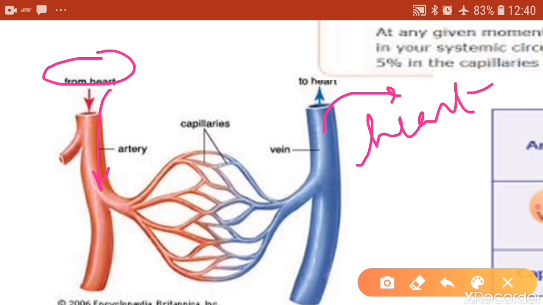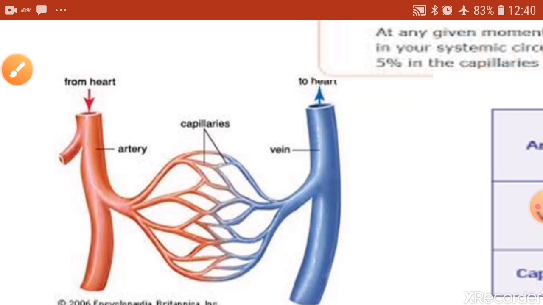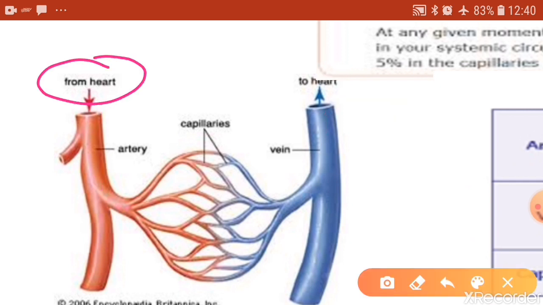So this is the main difference between artery and vein.